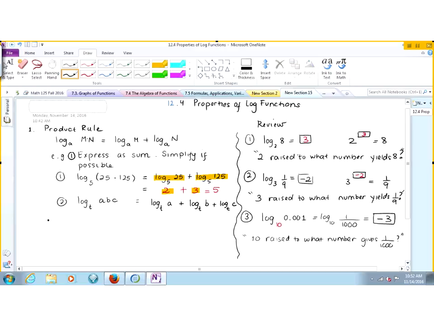What about the second example? Expressed as a single term. What about if I have log base A of 7 plus log base A of 12?